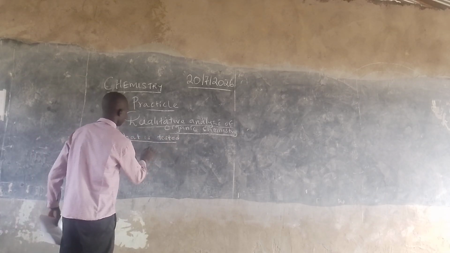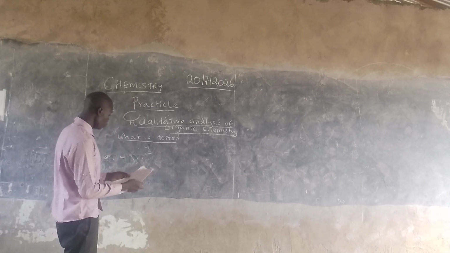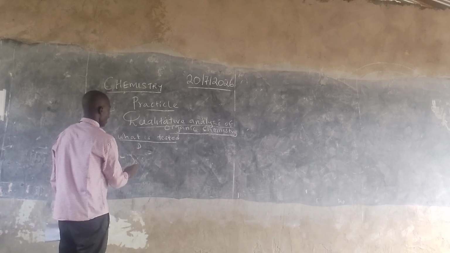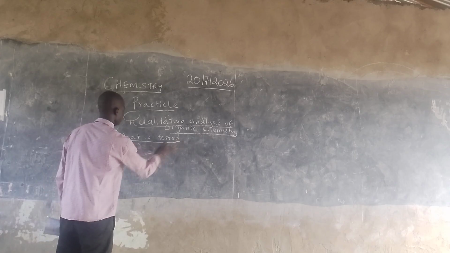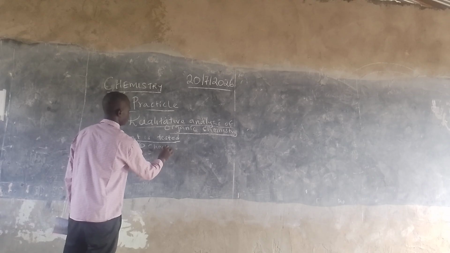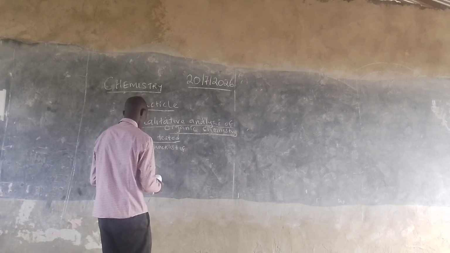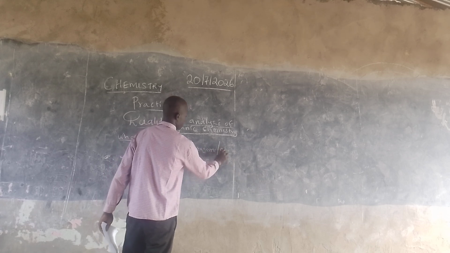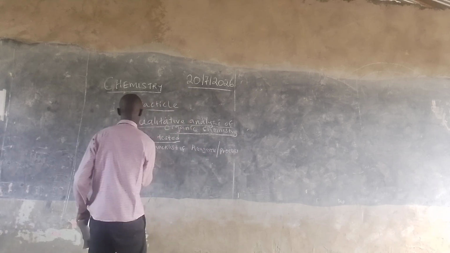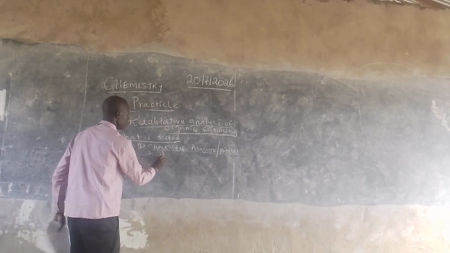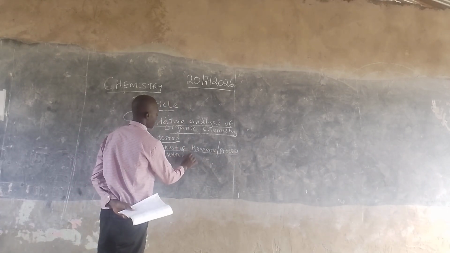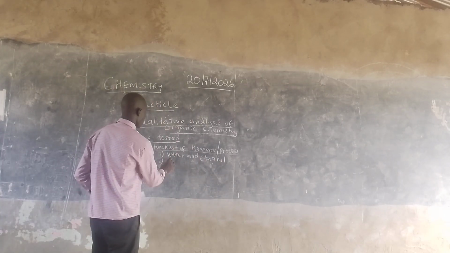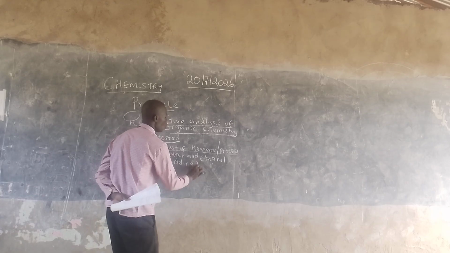When it comes to this case, number 1, these are the checklists of the reagents that are used and processes that are used. Number 1, we can use water and ethanol. Number 2, we can use adding bromine water.